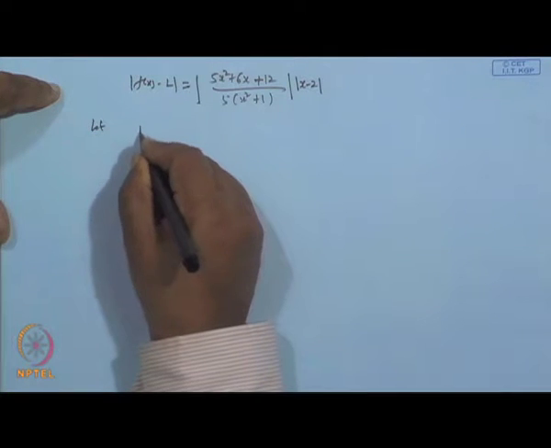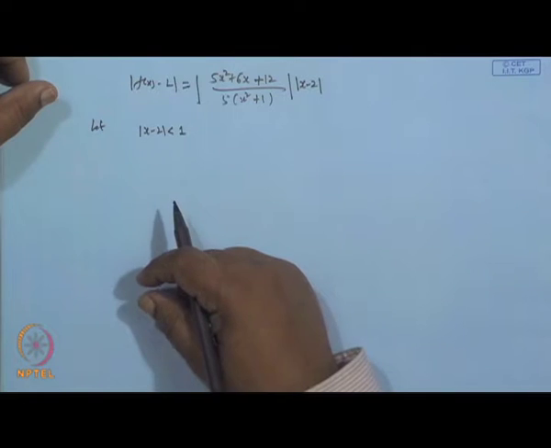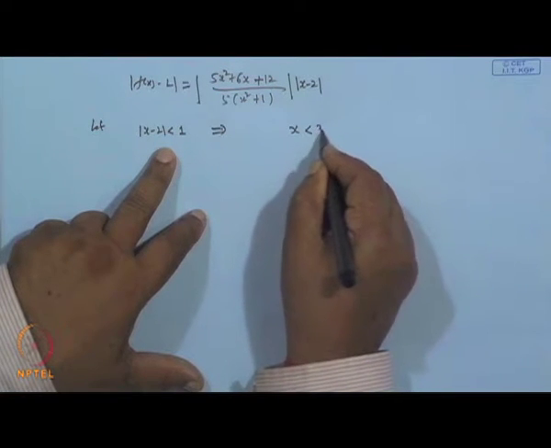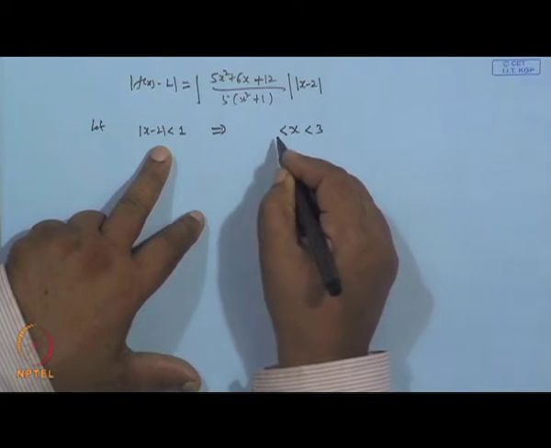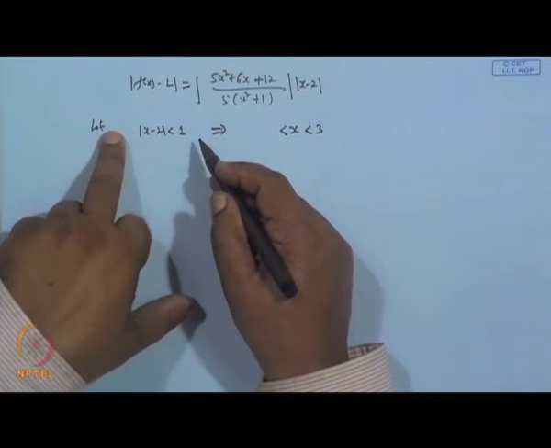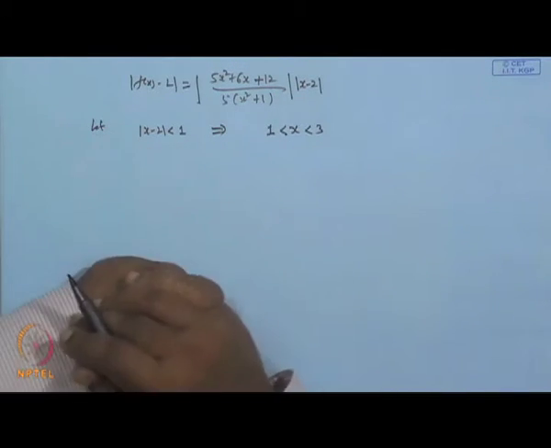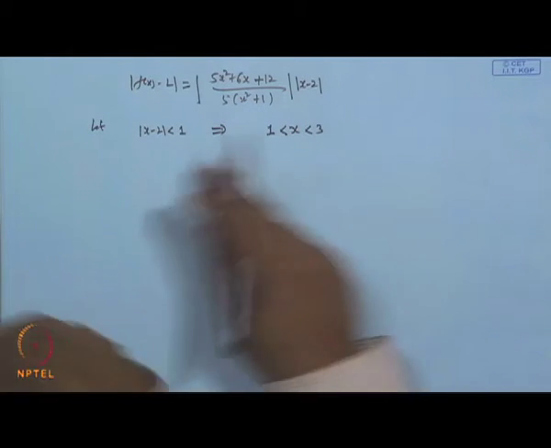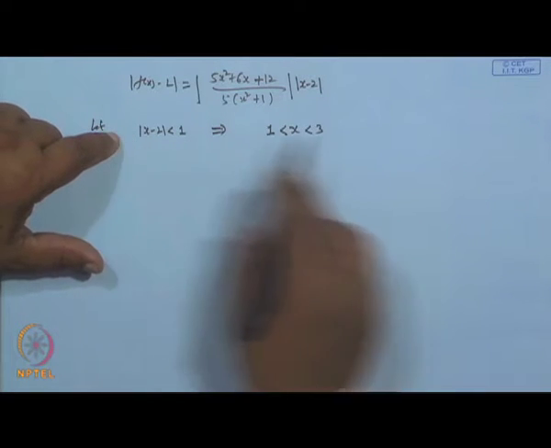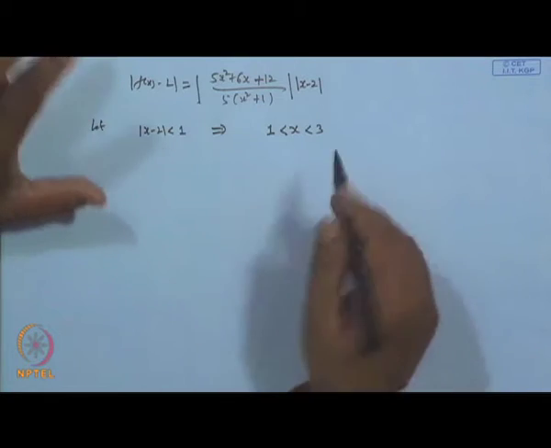Let us take |x minus 2| less than 1. Let us take this one restriction. If we restrict this, then what will be x? Since |x minus 2| is less than 1, x minus 2 lies between minus 1 and plus 1, so x lies between 1 and 3.